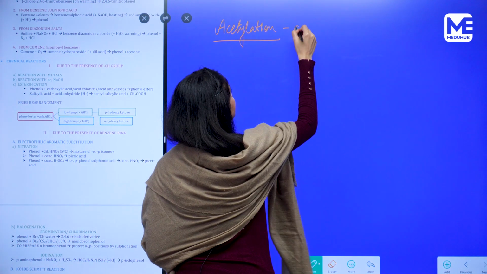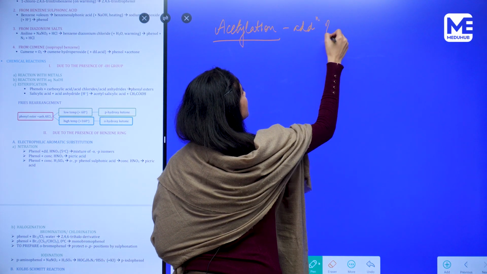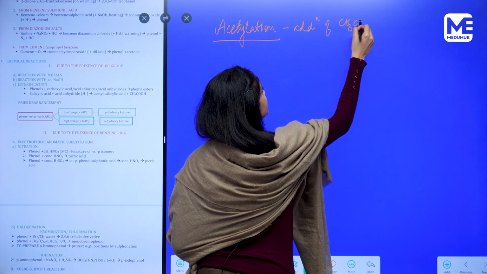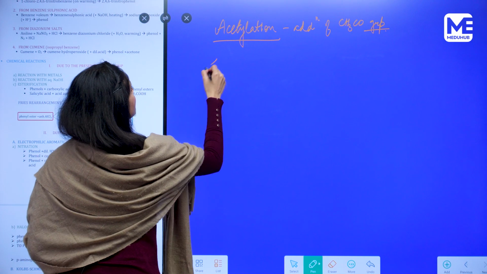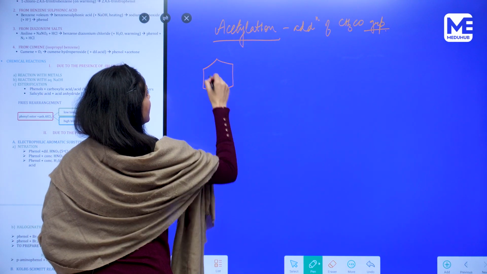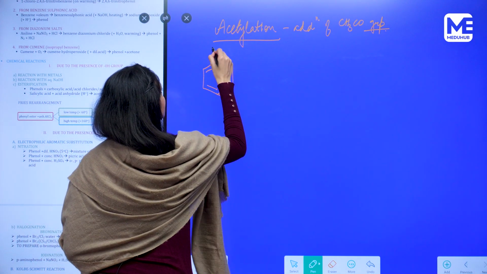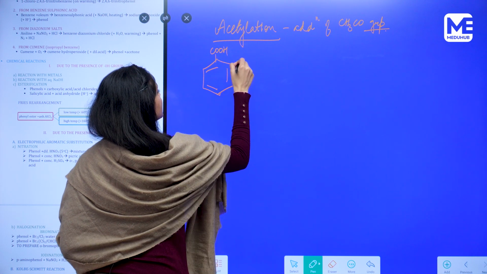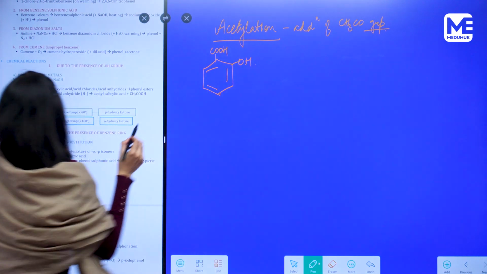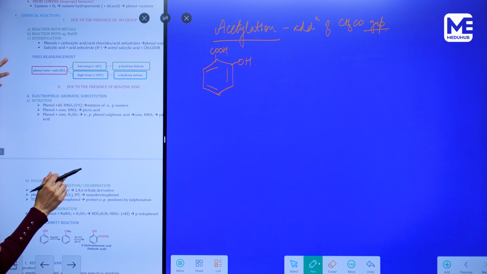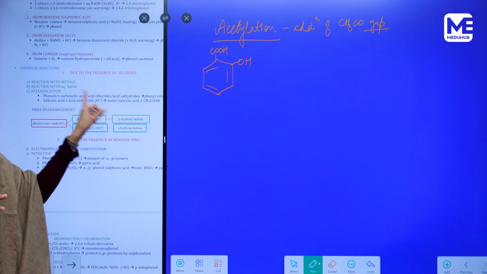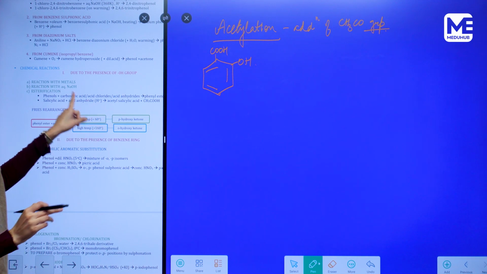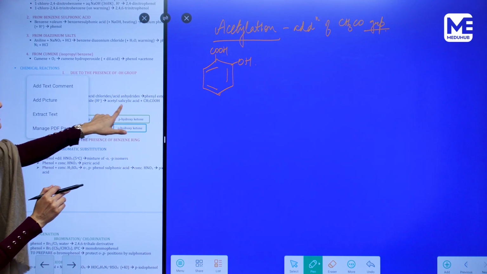A very important reaction of esterification or acetylation, that is the addition of CH3CO group, is this one, where we use salicylic acid. Salicylic acid, when reacting with acid anhydride followed by acidification, gives us acetyl salicylic acid.